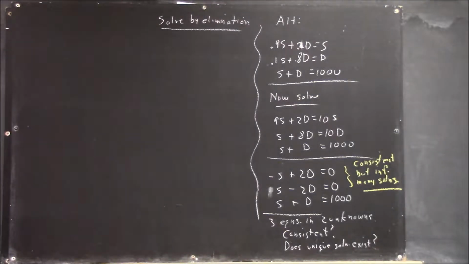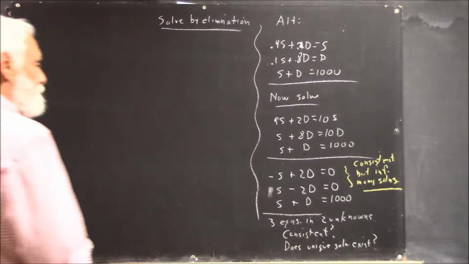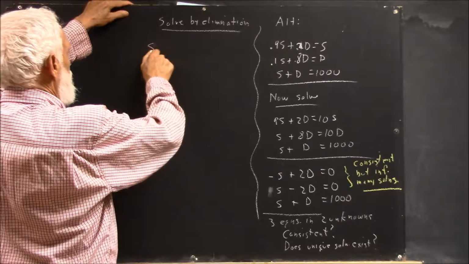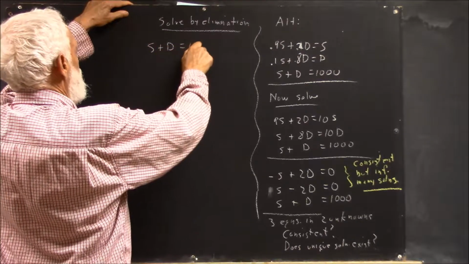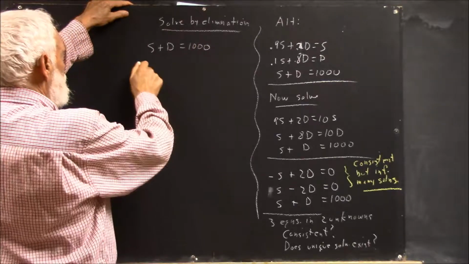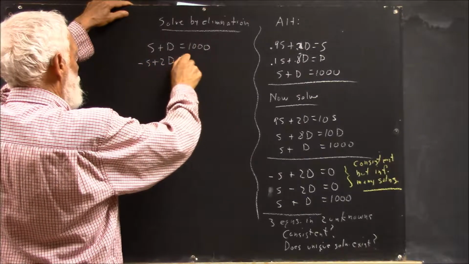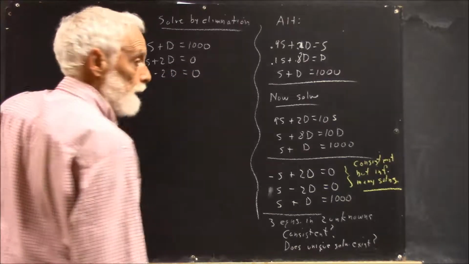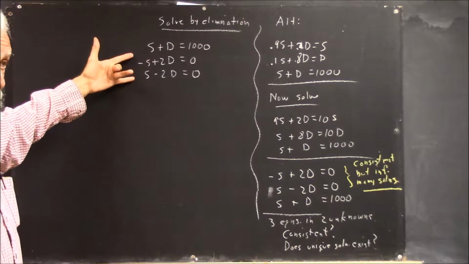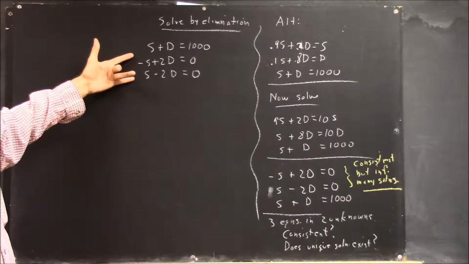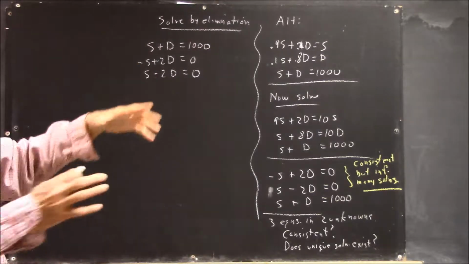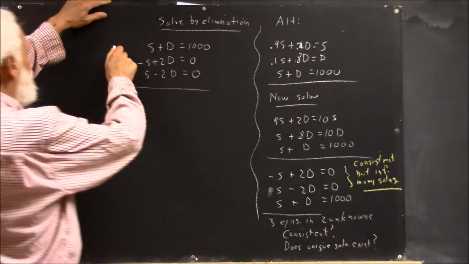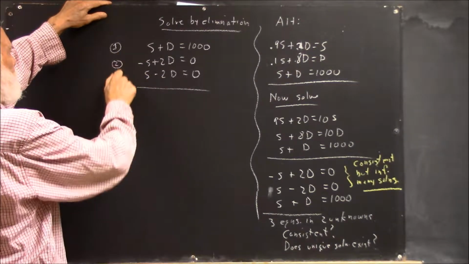I'm going to put this equation first. And these two equations, again, it's very obvious these two equations are equivalent. But it wouldn't always be obvious, especially in a system with more variables. So now I have equations 1, 2, and 3.